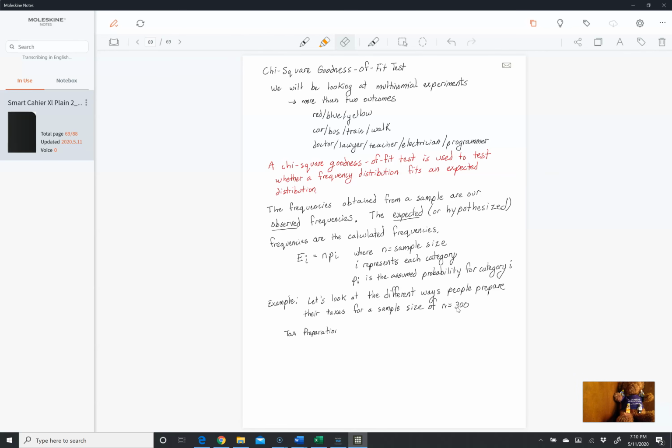You have your different tax preparation methods. Then you have the percent of people, so expected percent. And this is what you're given.